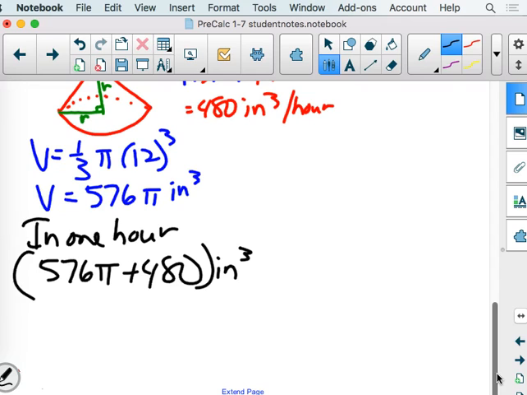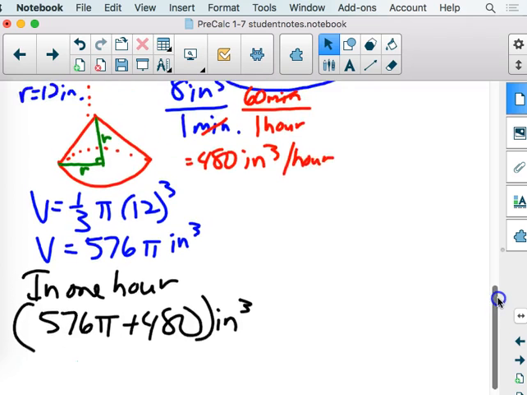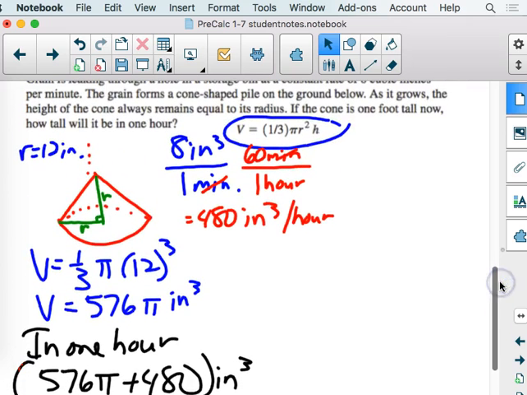We're going to add 480 cubic inches to it in an hour. Now, what did they want? There was a lot of blah, blah, blah up here. If the cone is 1 foot tall now, how tall will it be in an hour? Oh, so we have the volume in an hour, and we want to know how tall it's going to be in an hour. Well, it would seem we better probably use that volume formula we have up here.